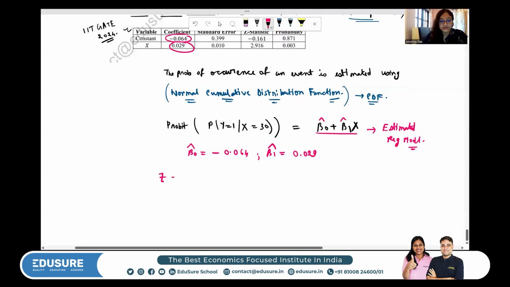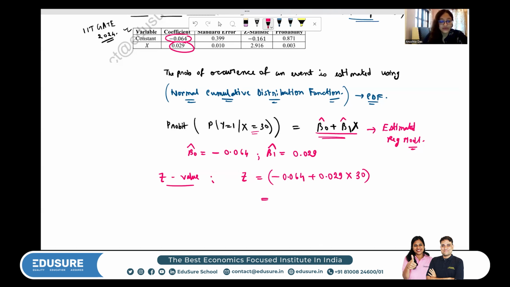Find the z value corresponding to x equals 30. So what will be that value? Minus 0.064 plus 0.029 into 30. I'm just using this estimated equation. You know beta naught cap, you know beta 1 cap, and you know x is 30.